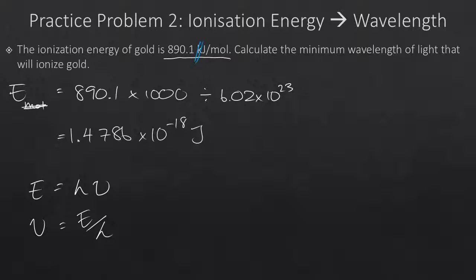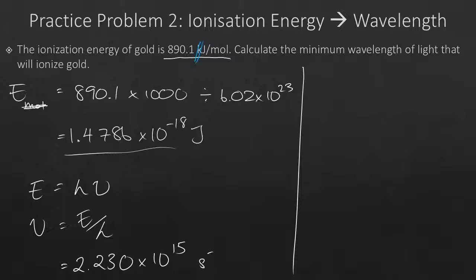So here's that E that I'm substituting in, and Planck constant is still that 6.63 by 10 to the negative 34. So we end up with our nu, or our frequency, is 2.230 by 10 to the 15 per second.